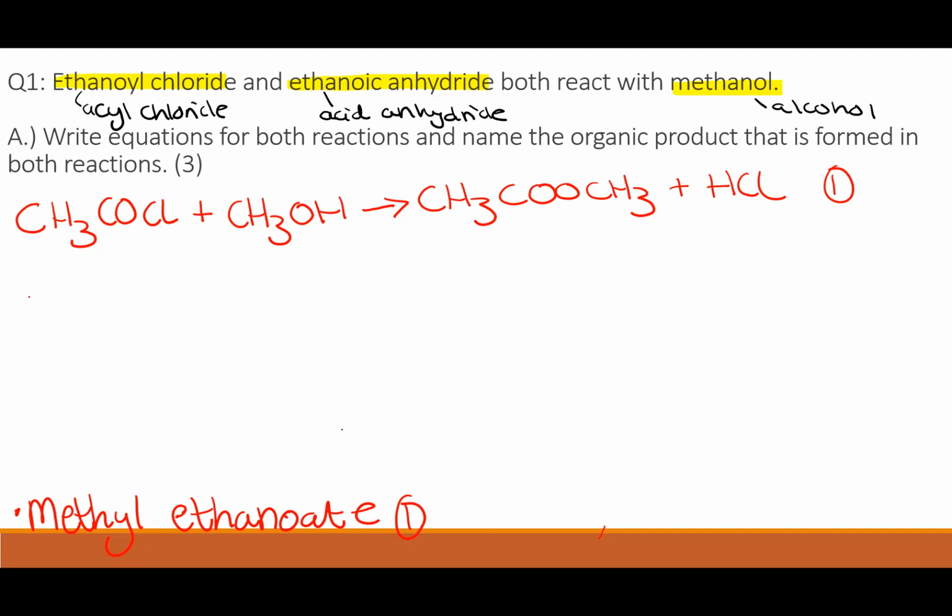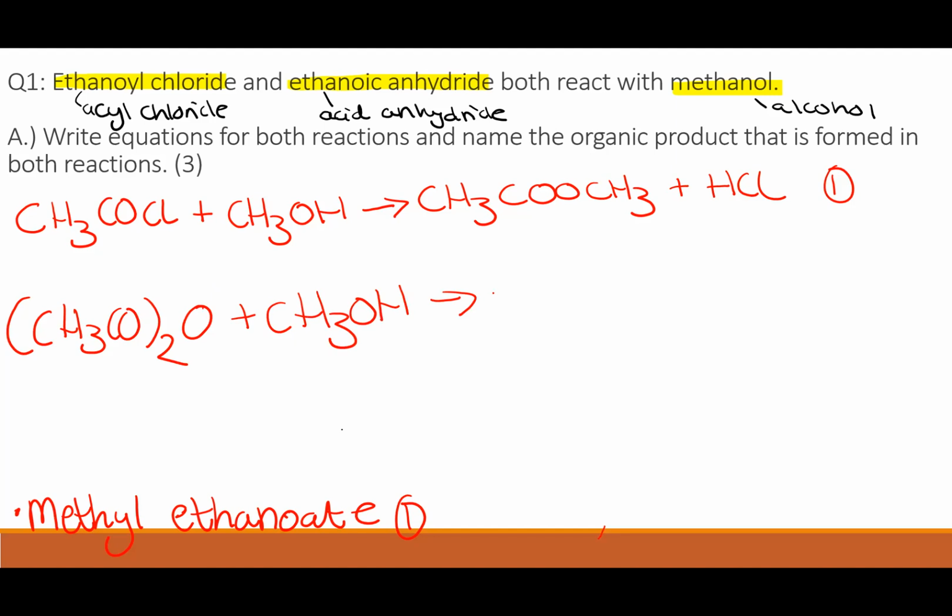So ethanoic anhydride is obviously 2 molecules of ethanoic acid joined together. So that would be CH3CO2 oxygen, reacting with the methanol, same as before. It's going to make the same product, the same methyl ethanoate, that's not going to change.